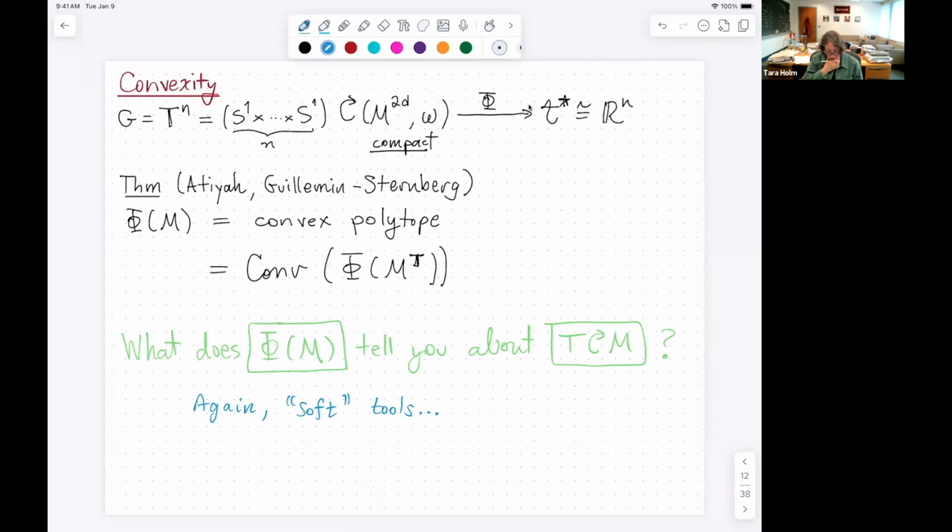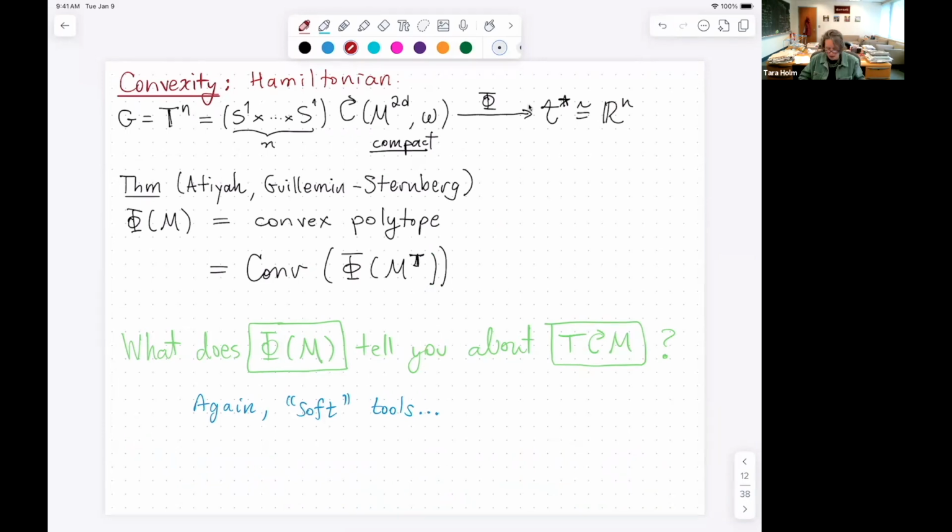Okay, so that was a digression about actions that are symplectic but not necessarily Hamiltonian. Now, here we're looking at Hamiltonian actions, and I want to restrict to abelian groups.